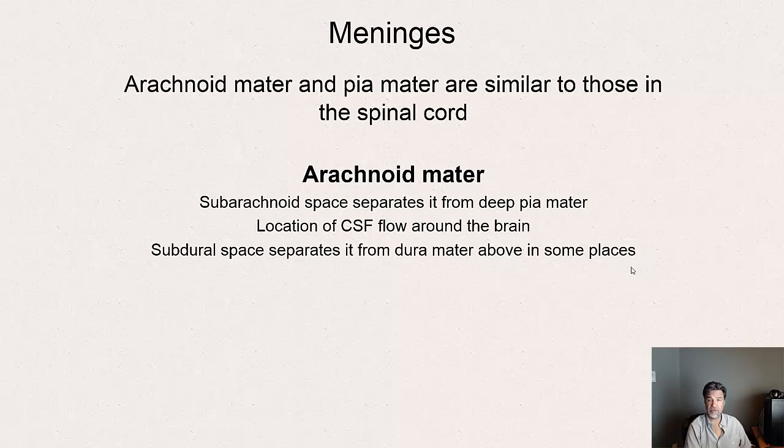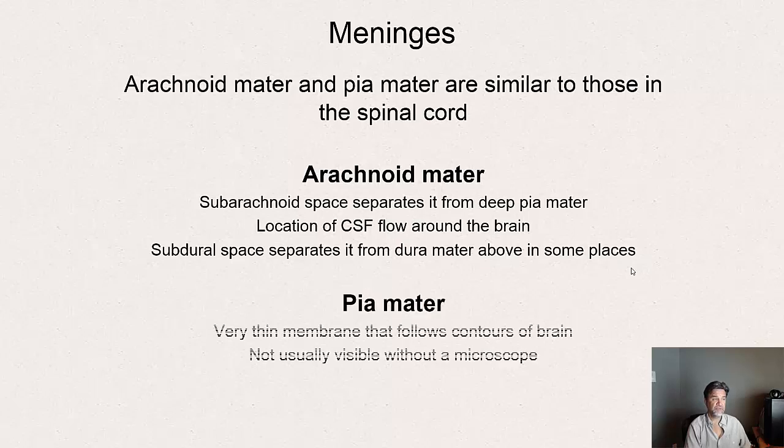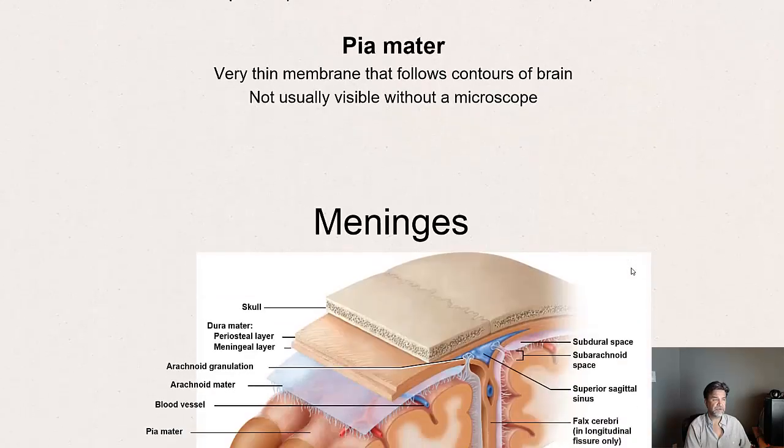They're associated with concussions, which is all the rage in the sports world right now, is how to deal with concussions properly and try to minimize their appearances. The pia mater is very closely attached to the surface of the brain, and you usually can't see it unless you prepare it very specifically without a microscope.